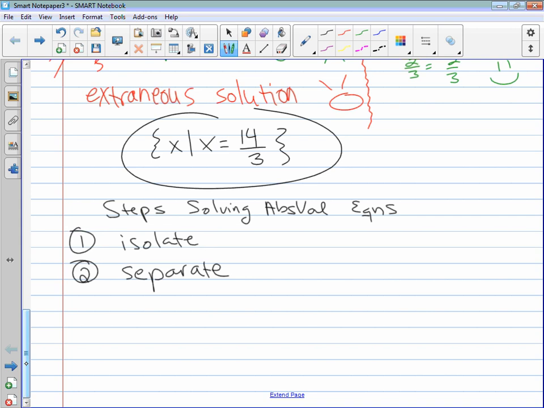So isolate, separate. Step 3 is solve each of your equations. And step 4, check it.